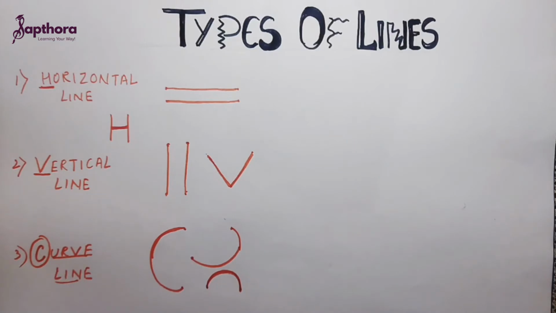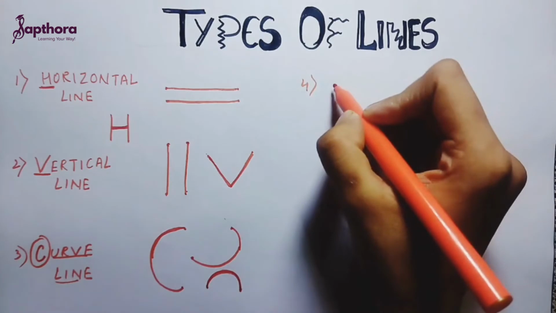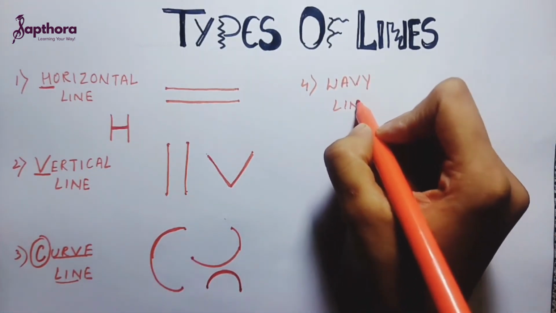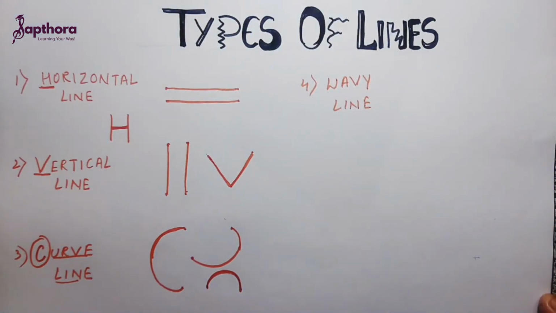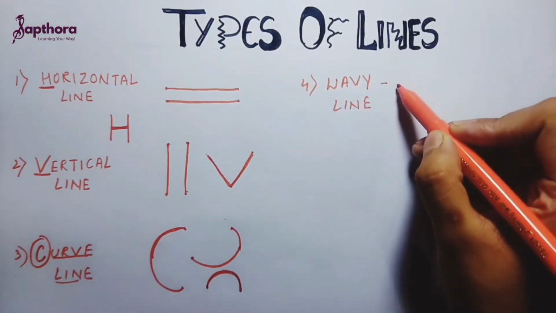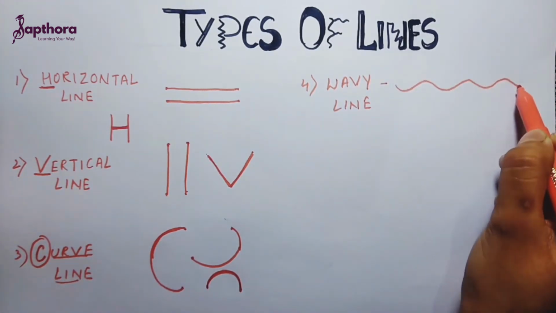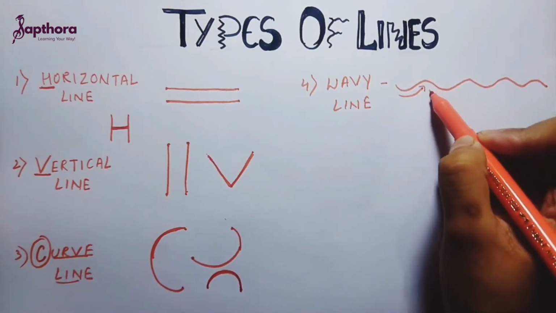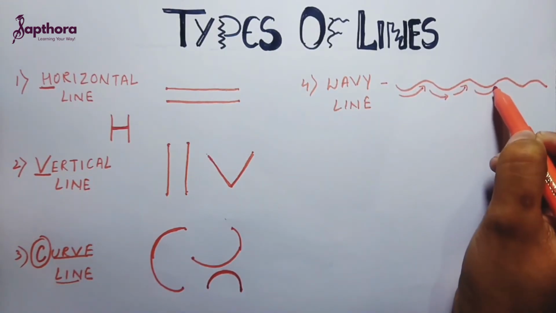No matter in whichever direction it moves, if it is like the alphabet C, it's a curved line. Now, let's go to our fourth line, that is the wavy line, W-A-V-Y. Do you think of waves when you hear the words wavy line? The water waves. Do you know how the water waves look? The water waves look like this. It's full of up, down, up, down.